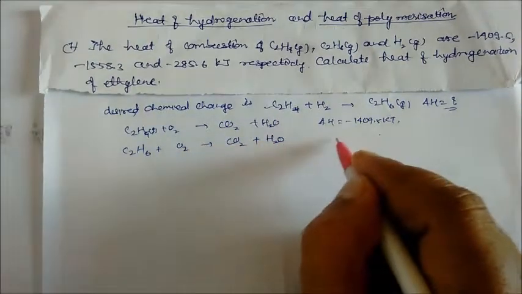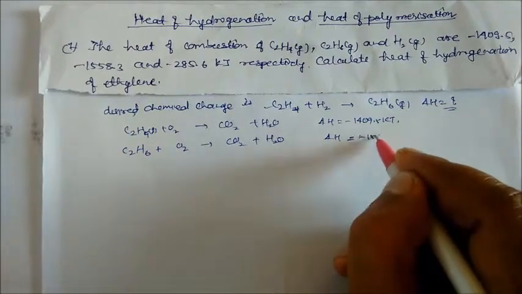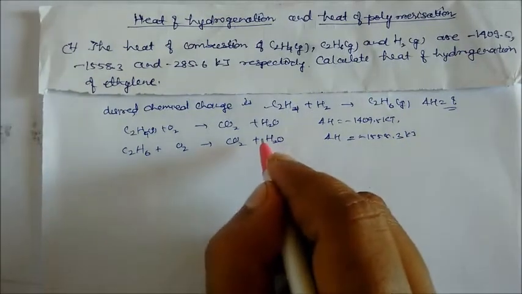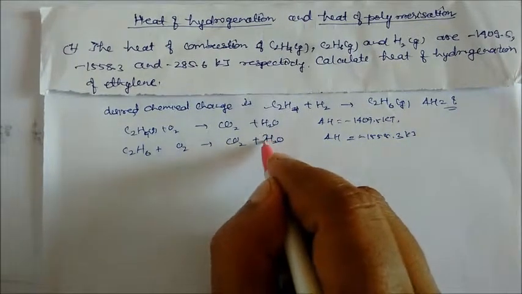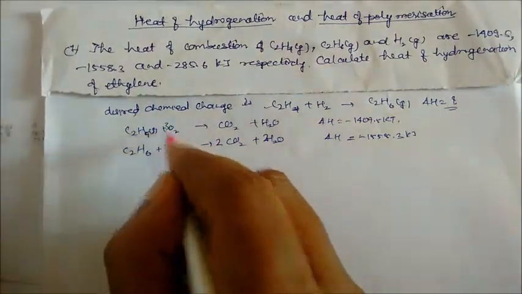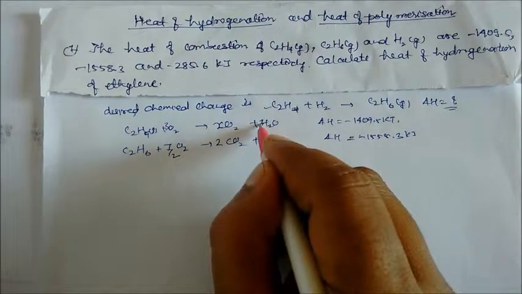In that case the enthalpy change is minus 1558.3 kilojoule. Here we have to balance the equation also. That is 2, and here the balance is 7/2. In this case you balance 3, it will be 2 and it will be 2.